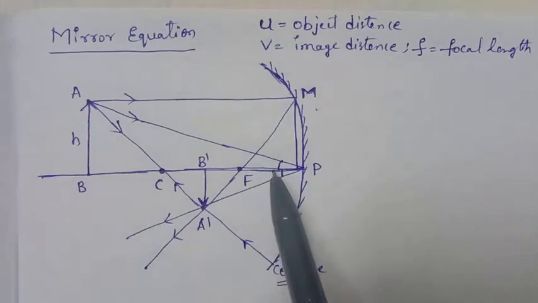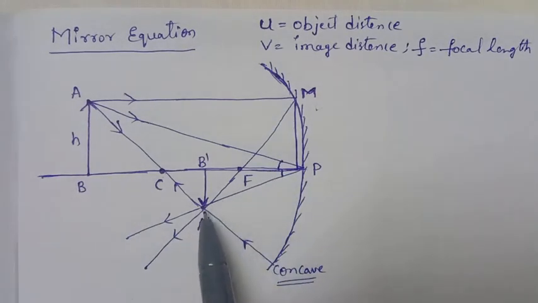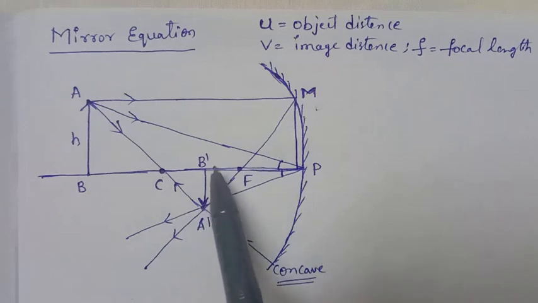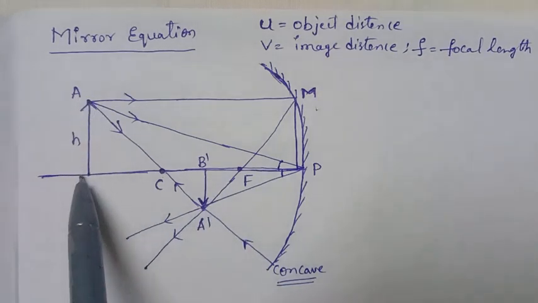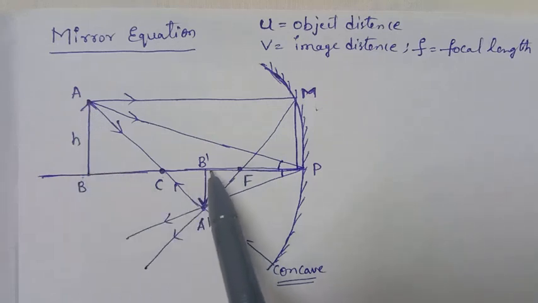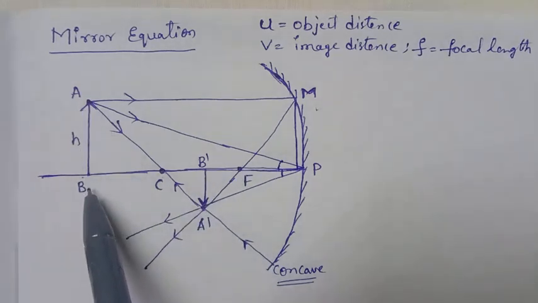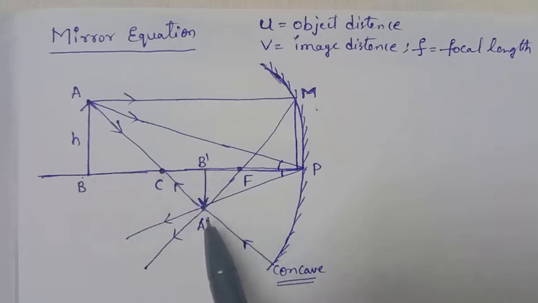All these three reflected rays converge at a point, and at this point we get the image of the object AB. The object is AB and the image of this object is B dash A dash.